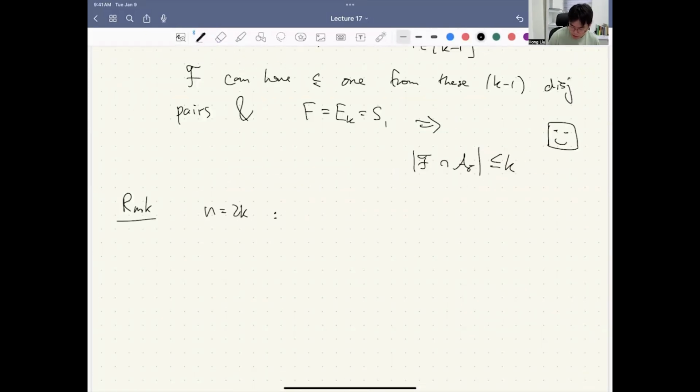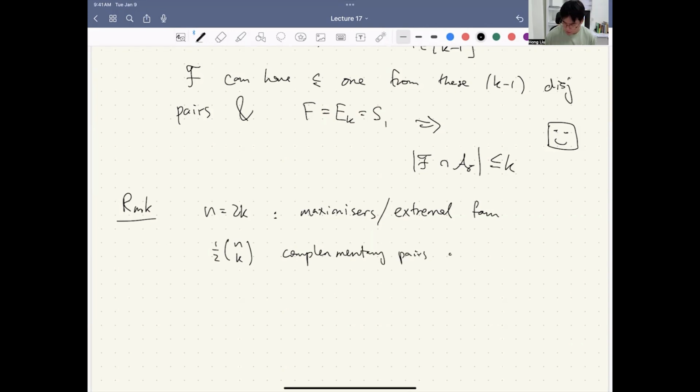Maximizers, or extremal families, being either n minus 1 choose k minus 1 stars, or half of the complementary pairs. Okay, stars are the only extremal ones for n bigger than 2k.